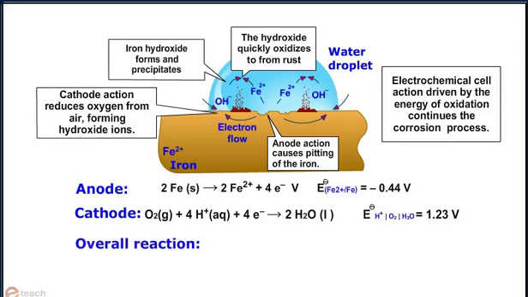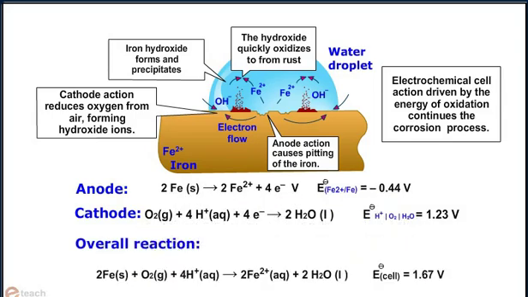The overall reaction is given by 2Fe plus O2 plus 4H⁺ gives 2Fe²⁺ plus 2H2O. The E naught of this reaction is 1.67 volt.